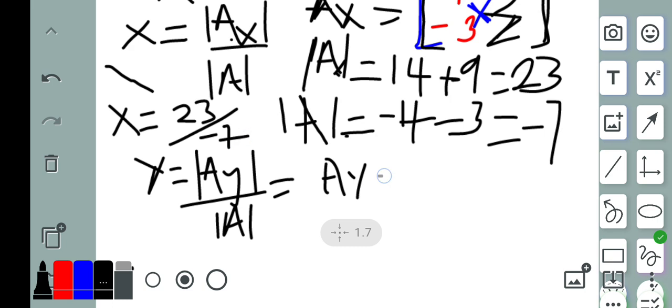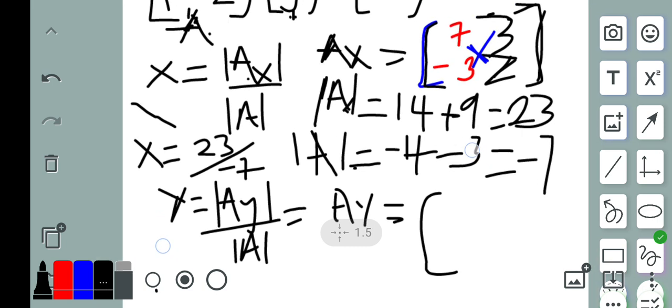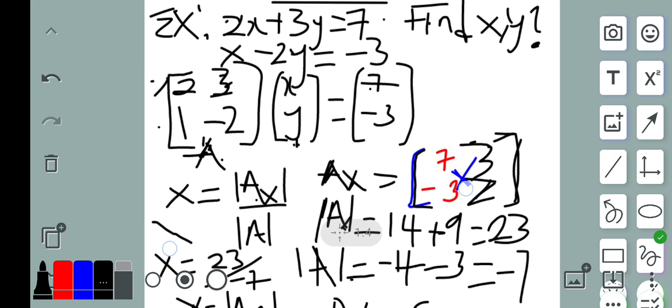So what about Ay? My Ay here will be removing all the coefficients of y. This is equal to the coefficient of y here, which is the same thing as what we have here. Can you see it now? Which I convert to a matrix. I'll now put my constant term there.